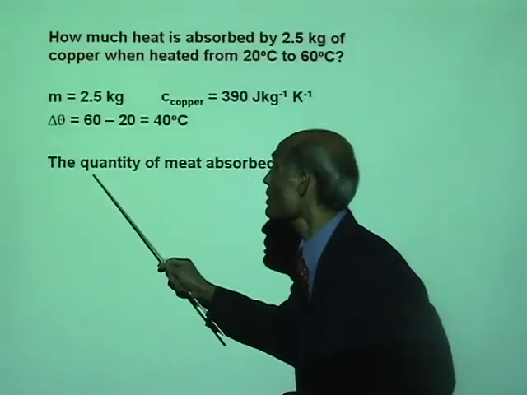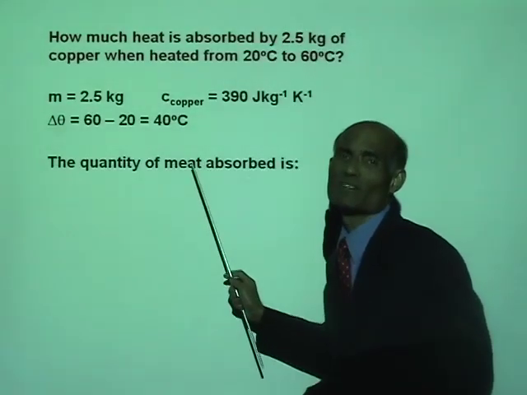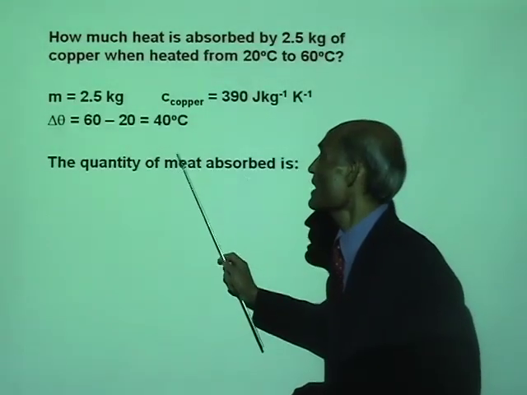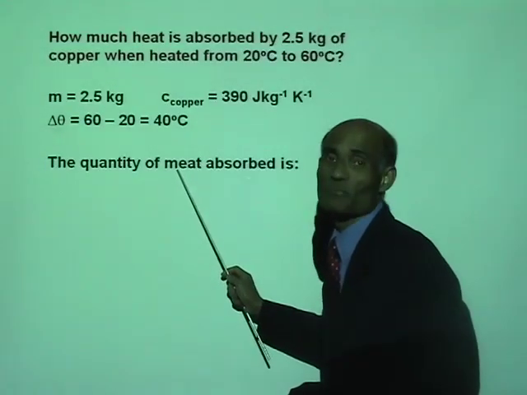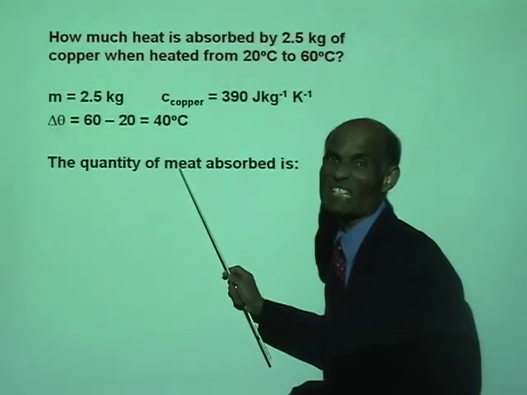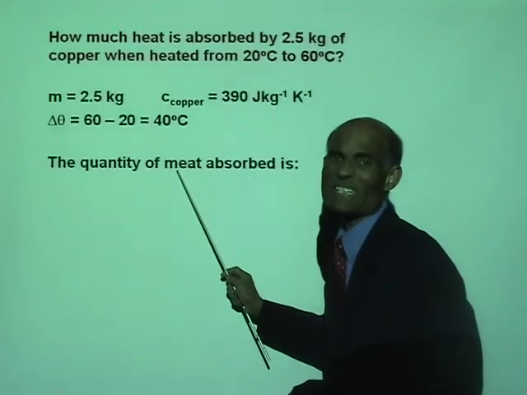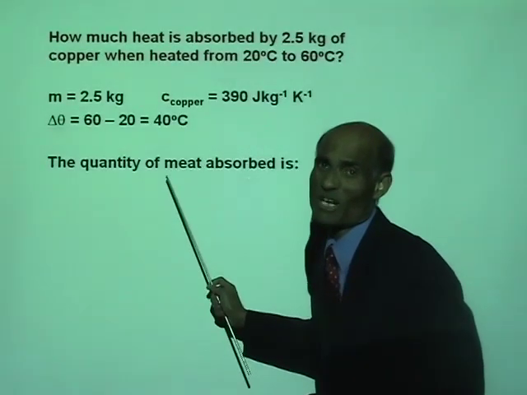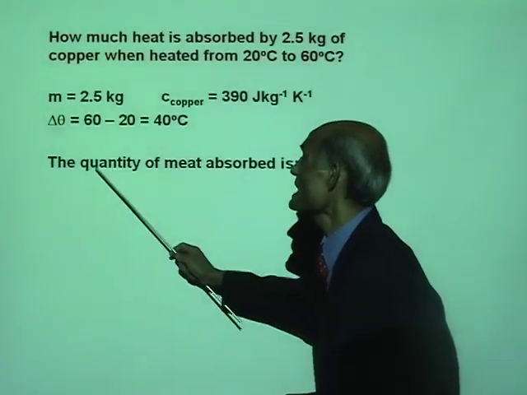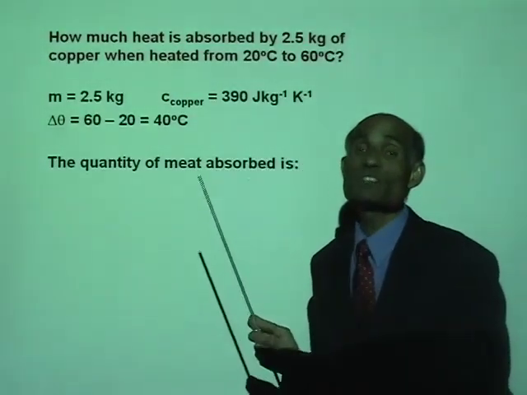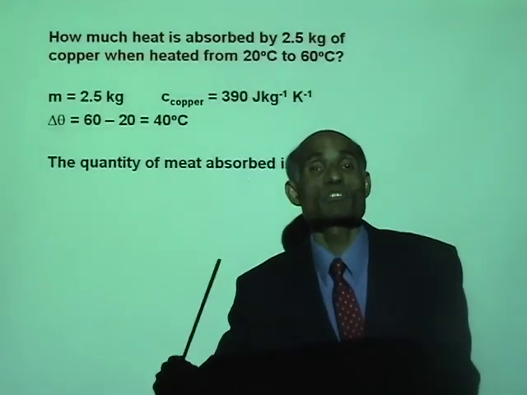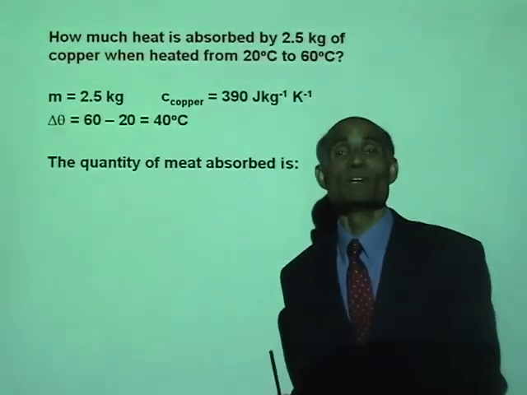And therefore the quantity of heat. Now look, I depend on my computer to correct my spelling. I wanted to write heat and it became meat, and the computer did not correct me. So read it as the quantity of heat absorbed. What is the formula for quantity of heat absorbed?